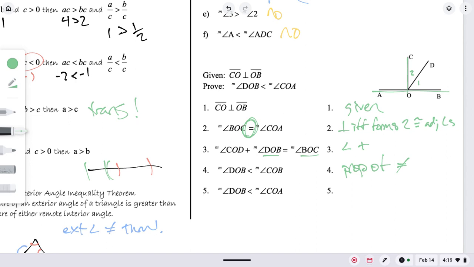Then finally, I'm trying to figure out, okay, DOB is smaller than COA. The only thing that changed from 4 to 5 is instead of having a COB, I have a COA. And that's because I know those things are equal up here, right? And that's when I'm going to say substitution, right? Now this is what confuses people.